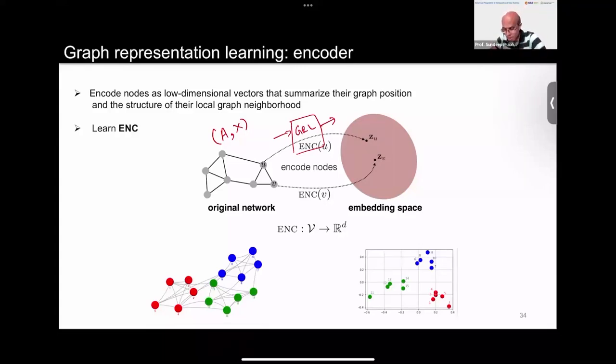But the goal is that each node should take the graph topology structure into account, as well as the feature vector of those nodes, xu and xv in this particular case, and embed them as points in the embedding space. So this could be, for example, a d-dimensional space where x is in a capital D-dimensional space. So you would like to embed that.